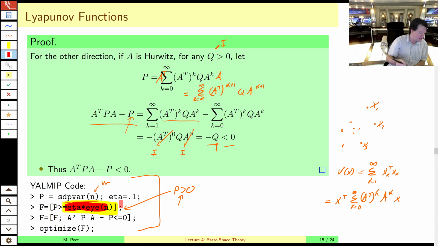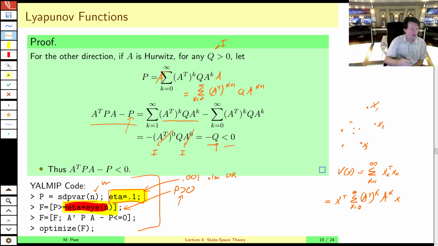The solver doesn't know how to interpret strictness unless you tell it exactly how. So I just chose arbitrarily a strictness constant 0.1 here. If you're worried, you can choose 0.001. That would also be okay. Or anything which is not 0 and greater than machine precision.